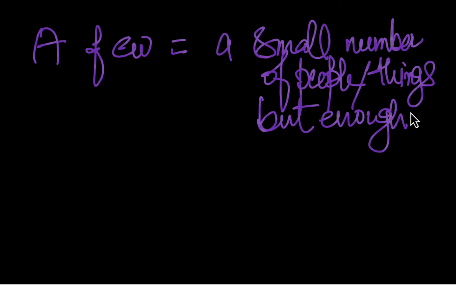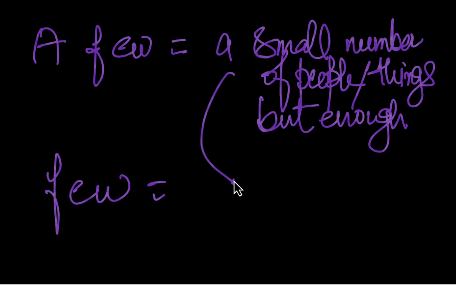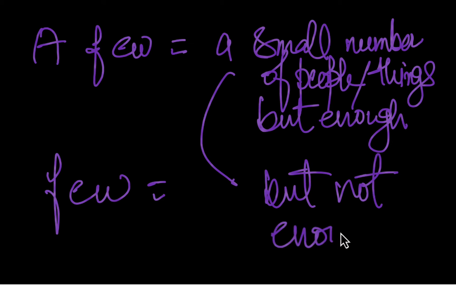The speaker uses it positively. Few: the same, but not enough for the time being. That is the only difference between a few and few. Of course, these are followed by a plural noun, very important to note.